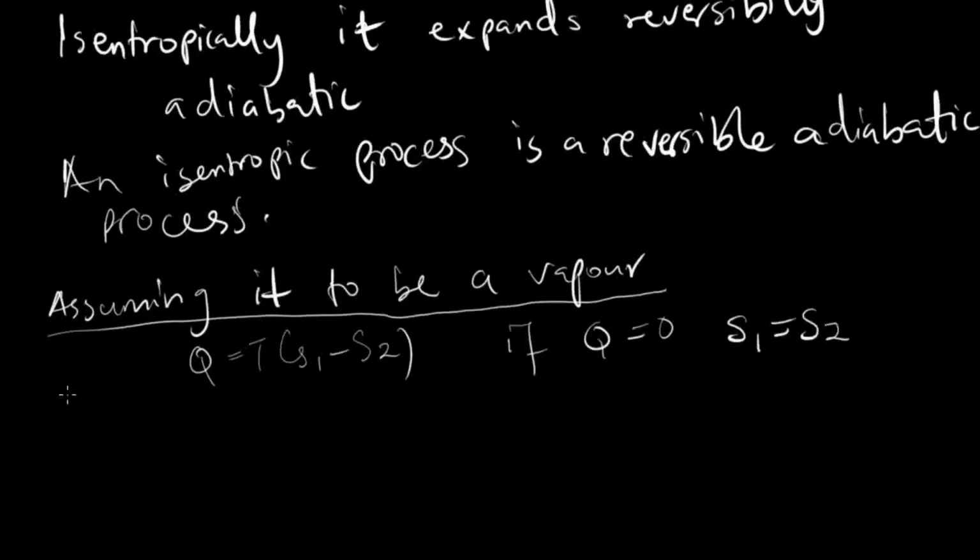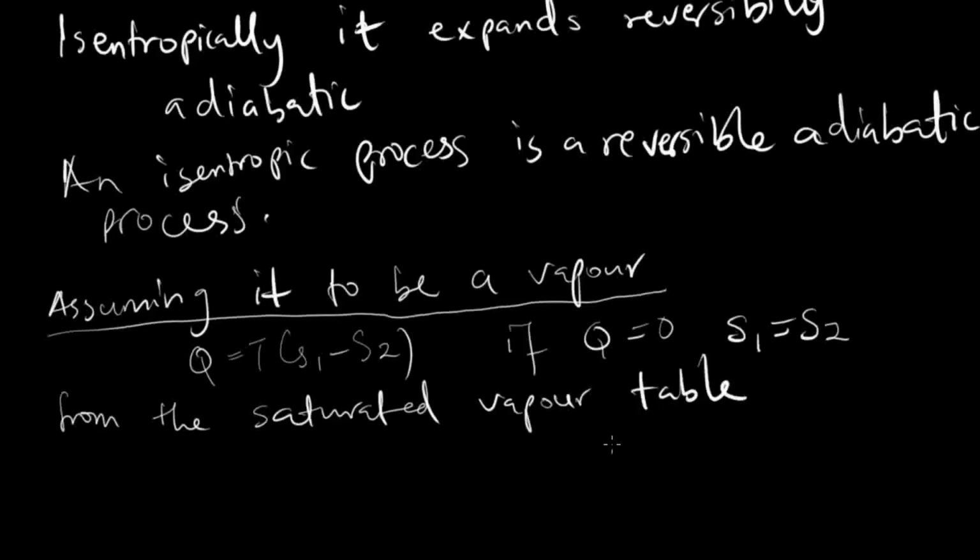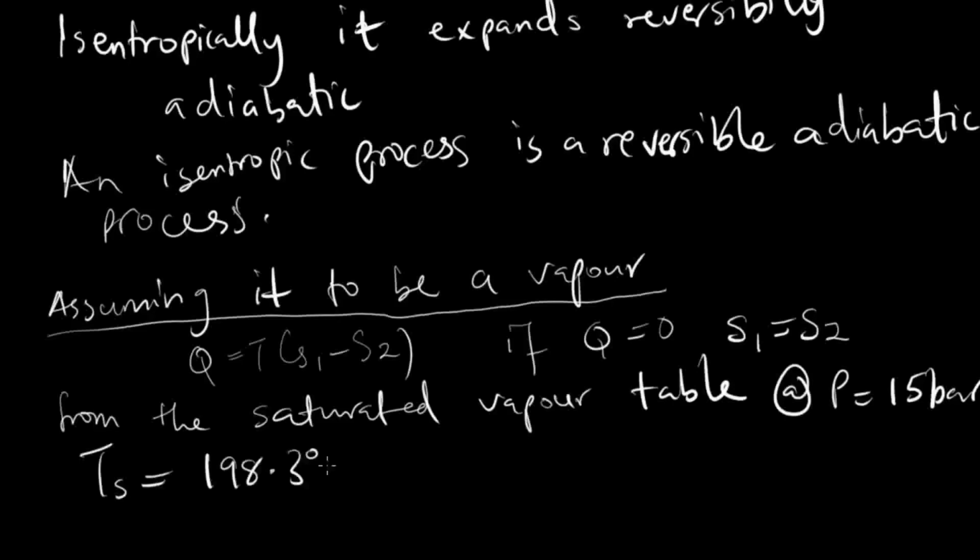So from the saturated vapor table, from the saturated vapor table, at pressure 15 bar, we have that the saturated temperature is 198.3 degrees C, which is lower than 250 degrees.